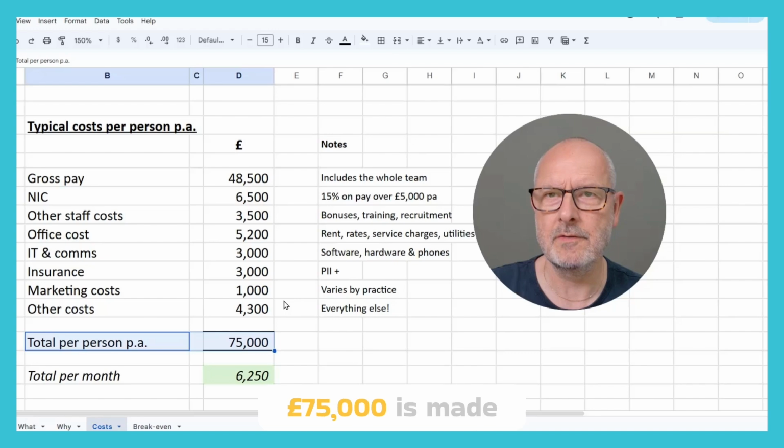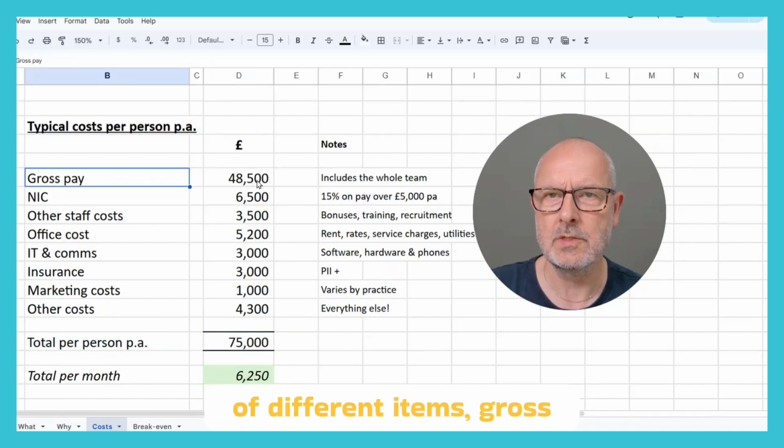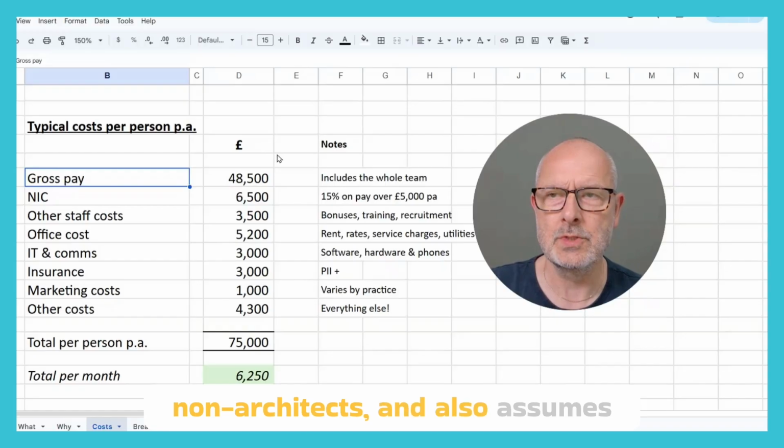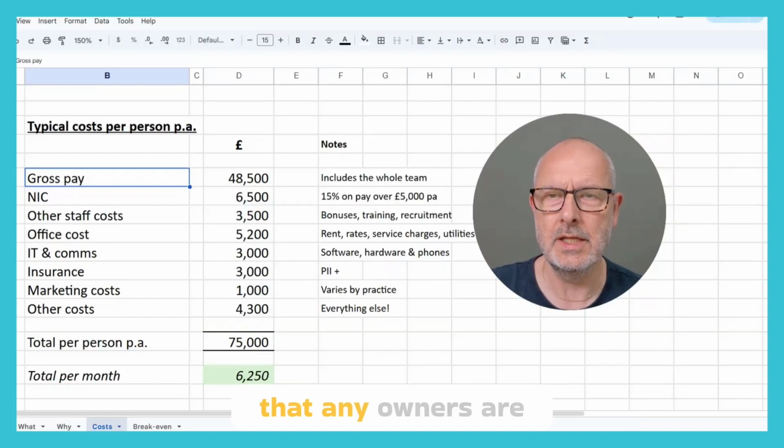That total of 75,000 is made up of a number of different items, gross pay being the largest one. This average includes the whole team, architects and non-architects, and also assumes that any owners are paid a market salary rather than a dividend. Either way probably doesn't make a lot of difference to this number here, but it's just a simple calculation.